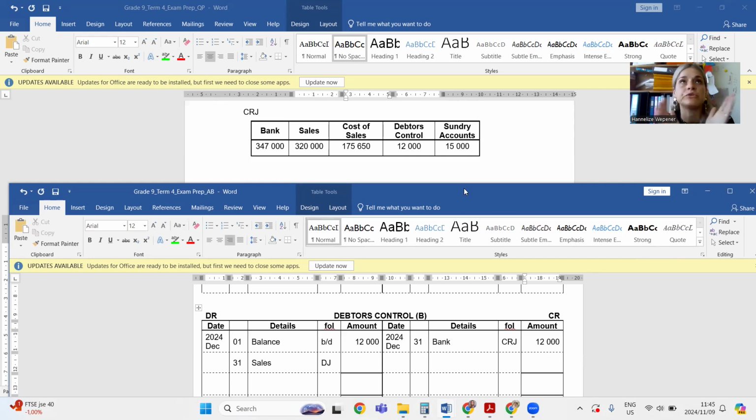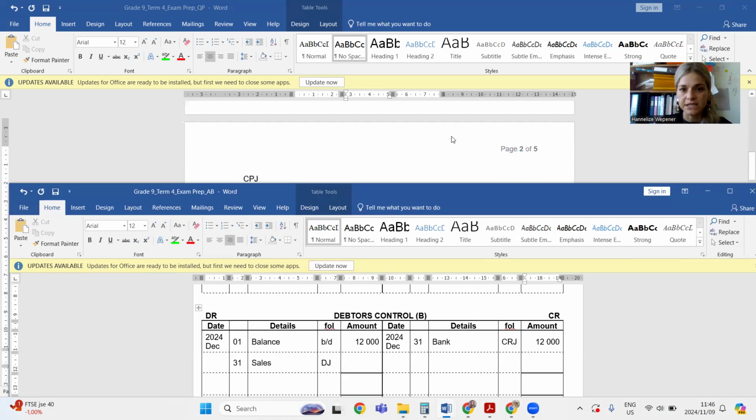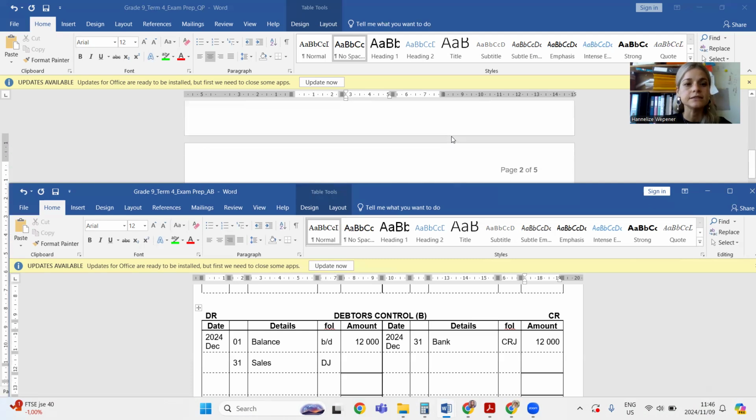So I'm going to have to tell you, for instance, you received rent of 8,000 or 10,000, whatever. Then you can post that to your ledgers. But we cannot post sundry accounts to ledgers because there's no account sundry accounts that we are working with. So that's just a group of accounts that we throw together. So we are going to ignore that information because they didn't give us the details.